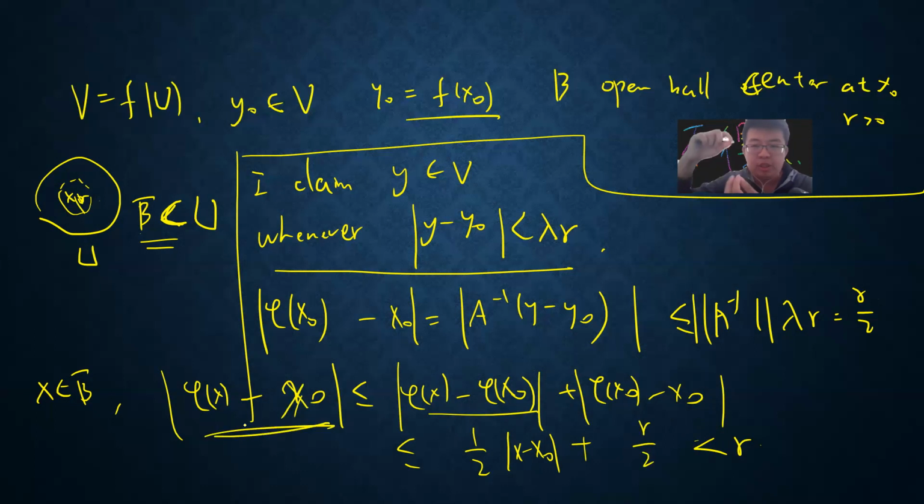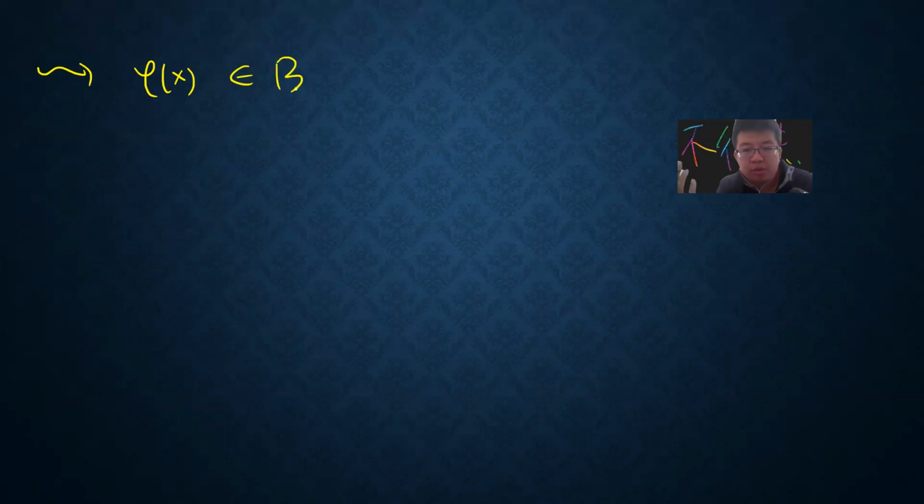So this means the norm of phi of x minus x0 is less than r, which tells you that phi of x belongs to B, because B has radius r, and so belongs to B bar.